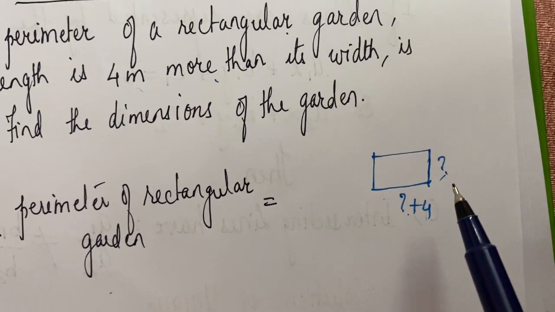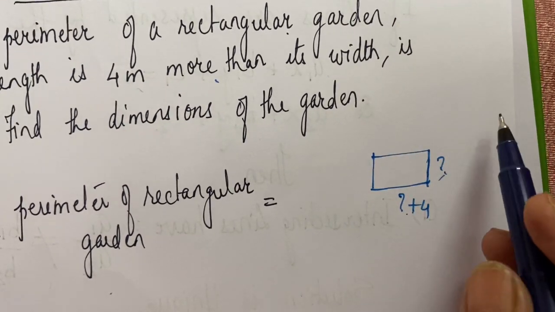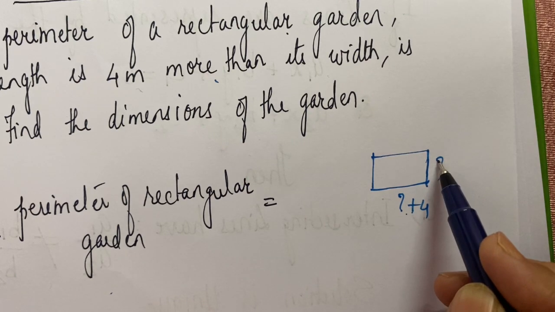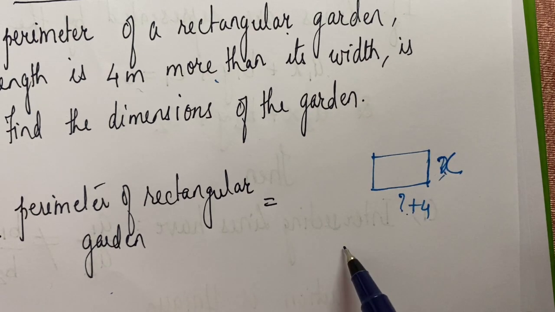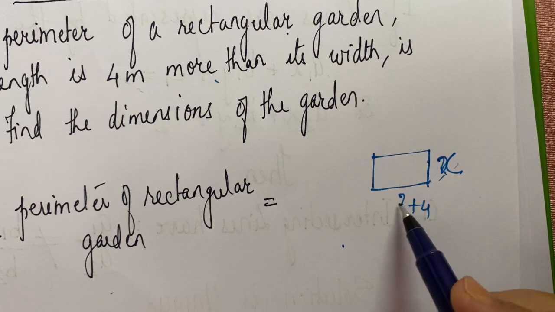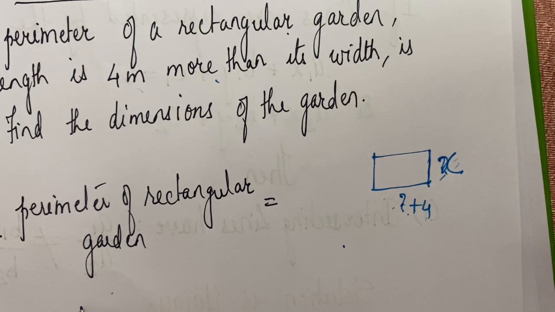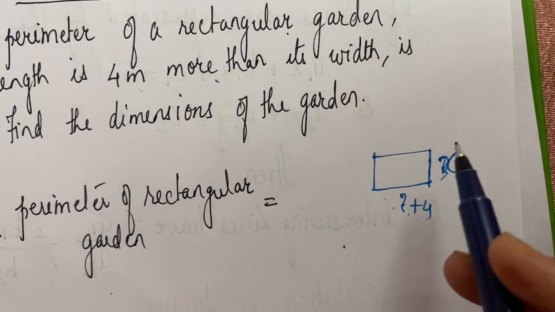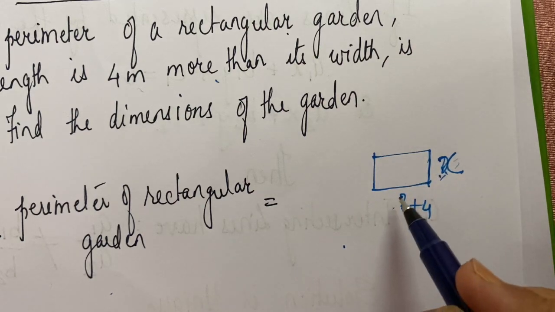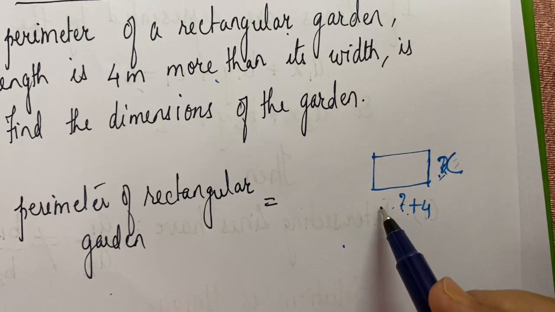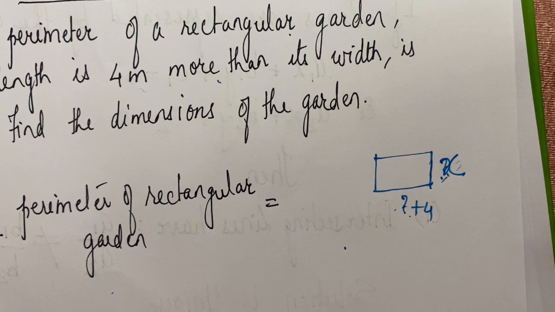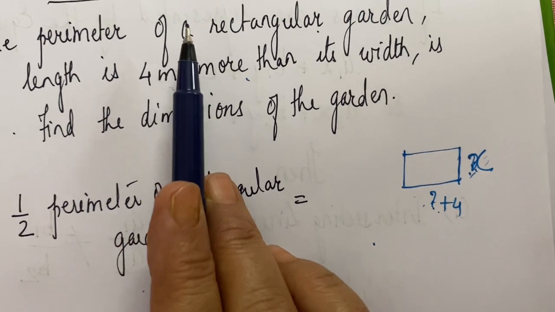So here we will have to assume the width as x and the length as y, or the other way around, whatever you wish. I have taken x here, so the width is x and the length is y, because we have to make use of two variables.